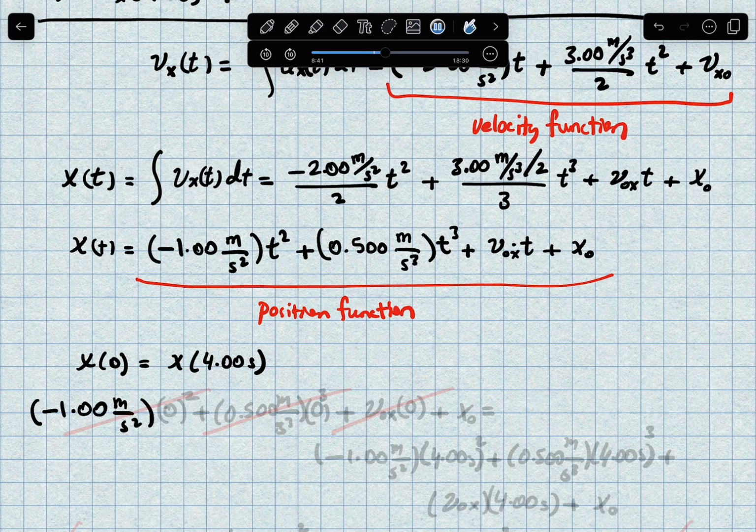When the time is 0, this is multiplied by 0. This is 0 squared, this is 0 cubed. We know these terms will terminate.